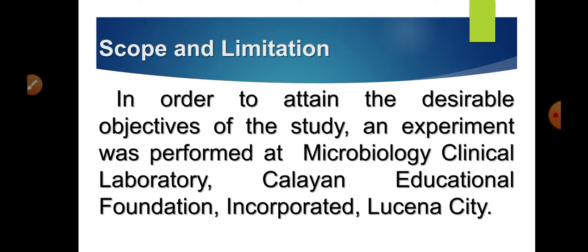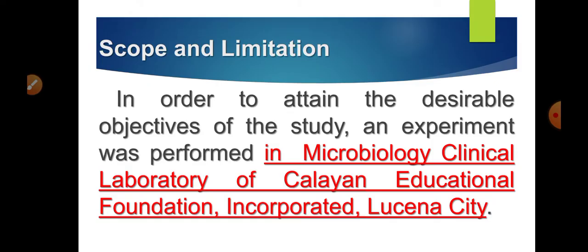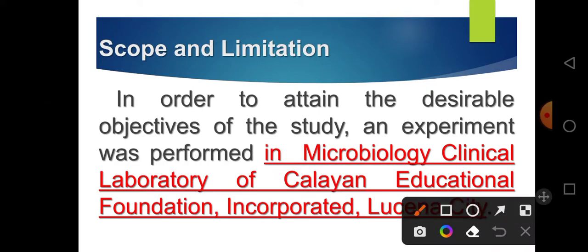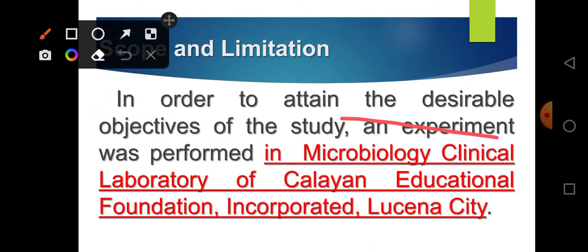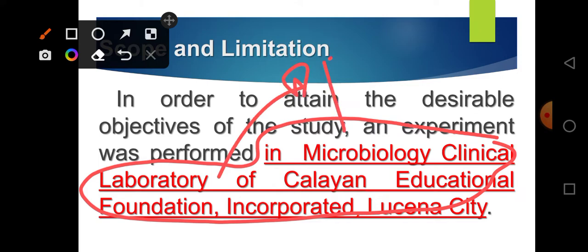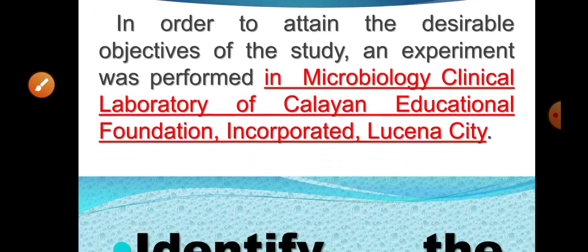Now after stating your experimental unit, you must also indicate this. Let us have this example: in order to attain the desirable objectives of the study, an experiment was performed in the Microbiology Clinical Laboratory of Calayan Educational Foundation Incorporated, Lucena City. This part of our scope indicates a place, and this place is known as the locale of the study.